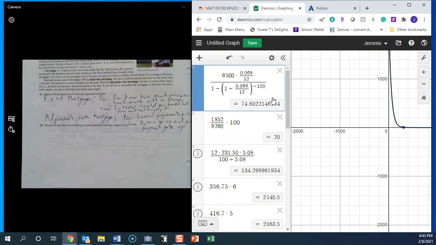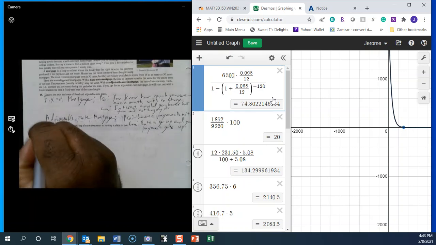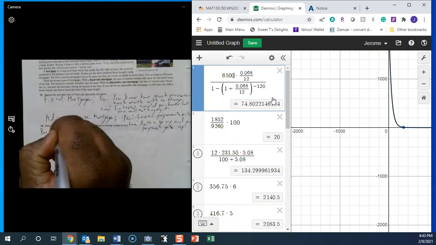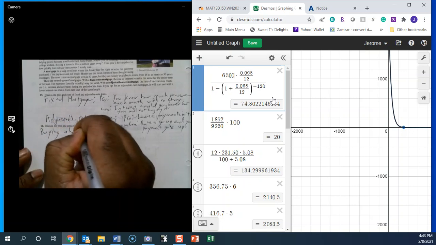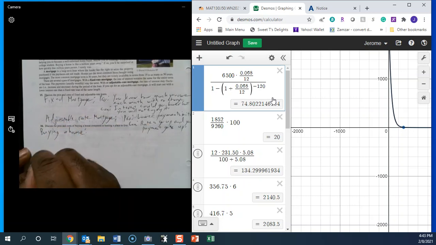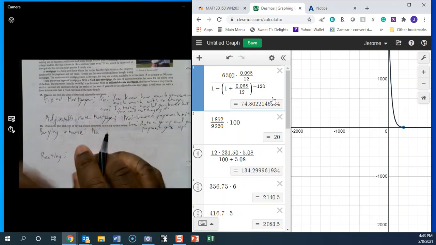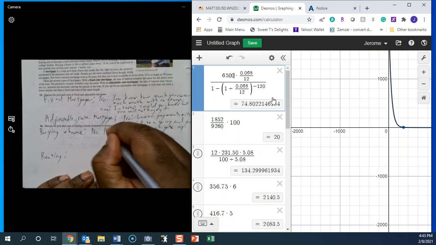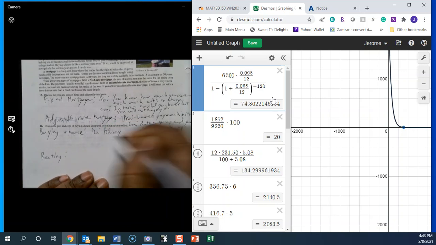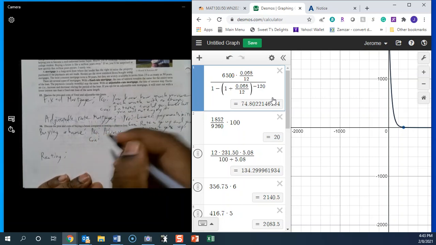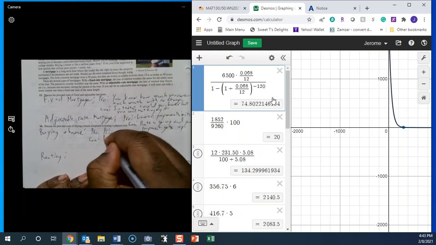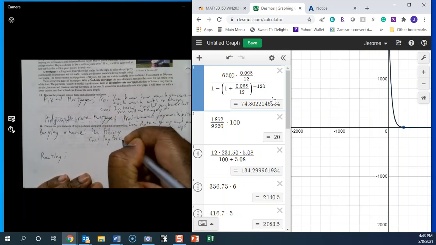Okay, now it says discuss the pros and cons of buying a house compared to renting. All right. Buying a house, renting. Okay, a pro, get privacy with a house. The con, you have to pay for everything.